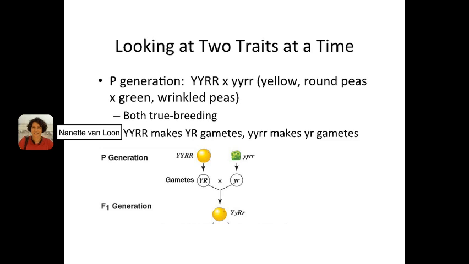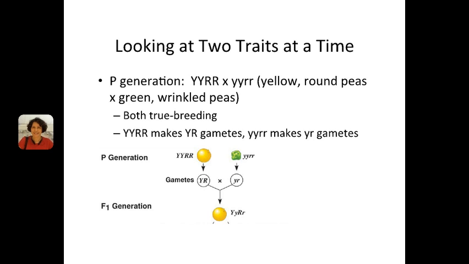The crosses that we have discussed so far have been looking at only one trait in the organism. The same rules that apply to one trait apply to the whole organism. We're going to slightly expand our reach by looking at 2 traits at the same time.